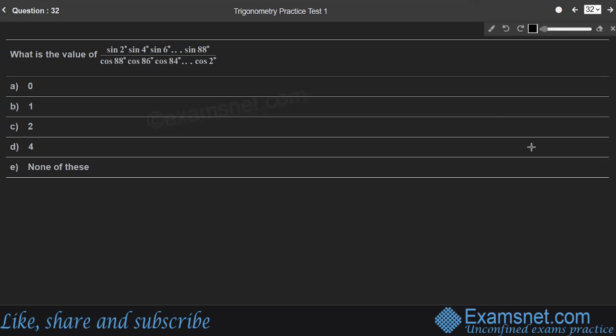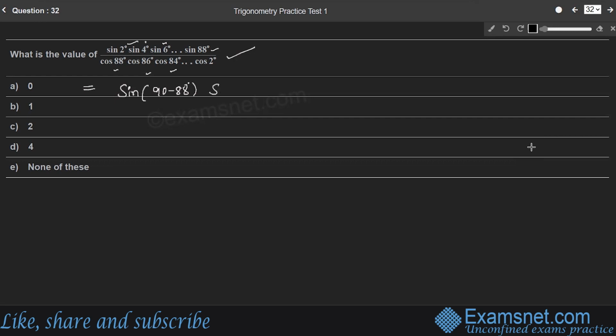Question number 32. What is the value of sine 2 degree into sine 4 degree into sine 6 so on up to sine 88 degree, whole divided by cos 88 degree into cos 86 into cos 84 so on up to cos 2 degree. So here students will write the numerator as sine 2 degree can be written as sine 90 minus 88, which is nothing but sine 2 degree, right?